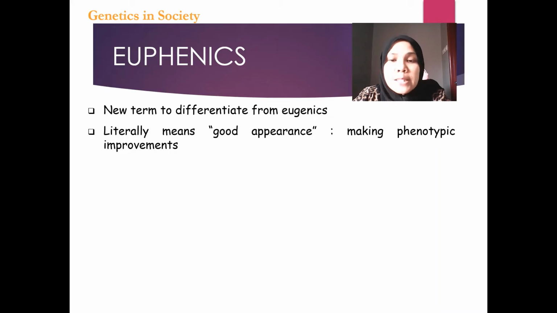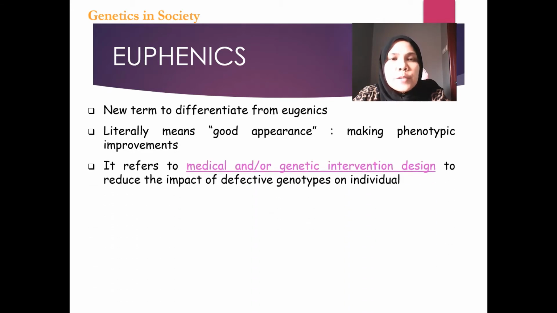Phenotype is something that you can see, like the color of your hair, the color of your eyes, and everything that you can see on somebody or on a plant or anything. So Euphenics is we want to turn something into something good.